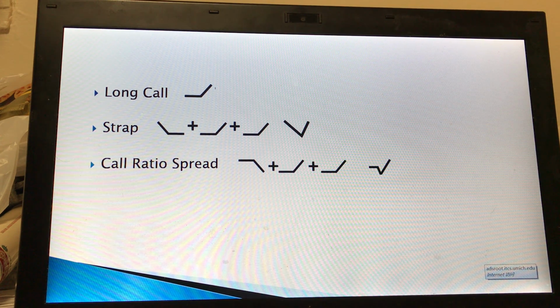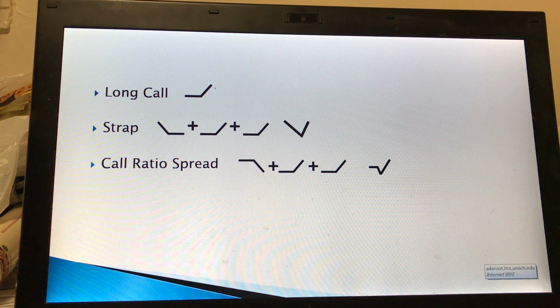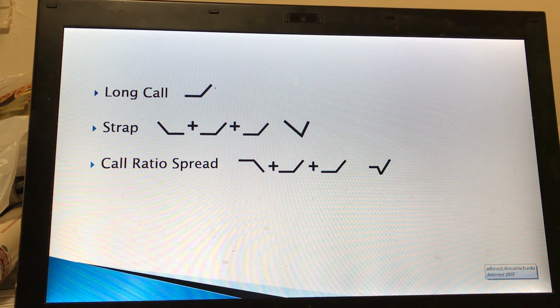This is just a long call. There's not too much to say about this. And the strap consists of one put option and two call options, which are at the same strike price. You may want to do this if you are confident that the stock will make a big movement or increase in volatility, and you are not very sure about a big upward gain, but you are confident that the stock will make a big movement.